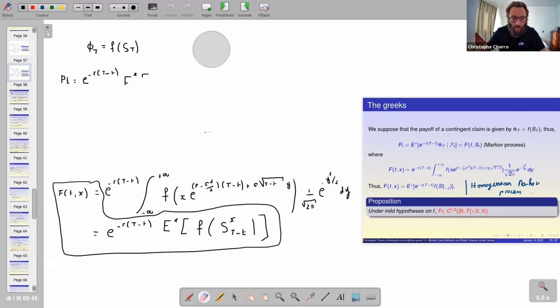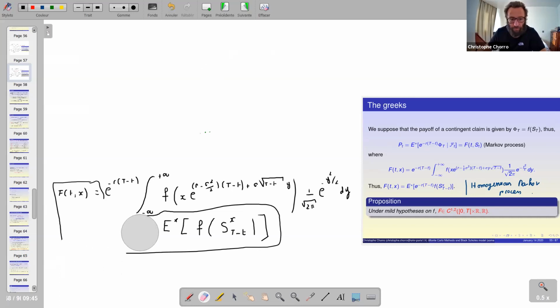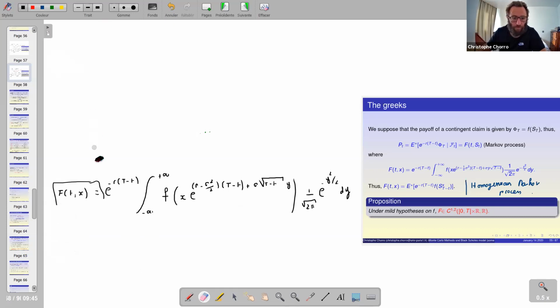Yeah, and I just keep in mind this, the expression with the integral form. Okay, of course, from Lebesgue here, so you have here something that depends on t and x. You have time here, time here, time here, you have small x here.